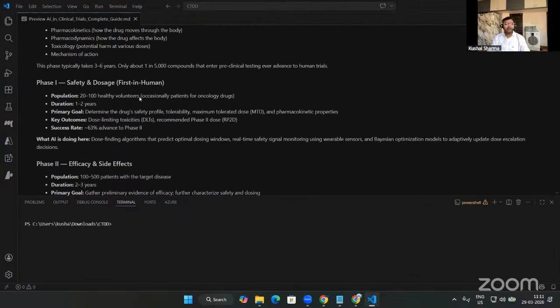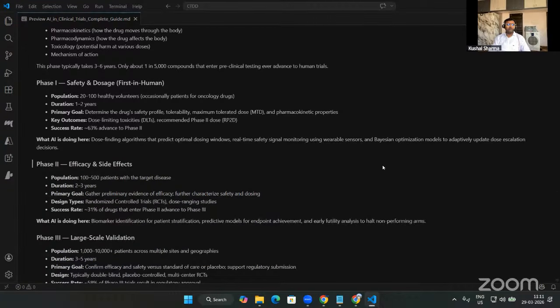So we have seen that there are 4 phases. Let us have an understanding of these phases in detail. So here you can see that phase 1, which is about safety and dosage, first in human, 20 to 100 healthy volunteers are taken. The duration is 1 year to 2 years.